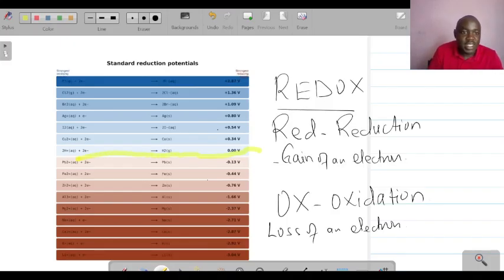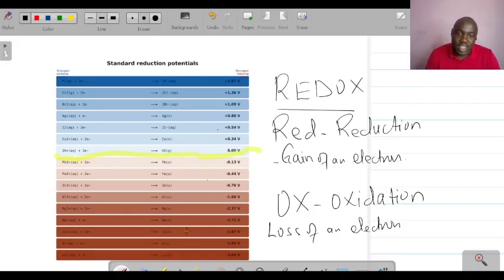It has been assigned 0.00 volts because these reduction potentials represent the concentration of an electron within an electrode. So we shall compare the ability of an element either to gain an electron or lose an electron with reference to the hydrogen half cell. I've introduced another term, a half cell. I'm going to explain that later.